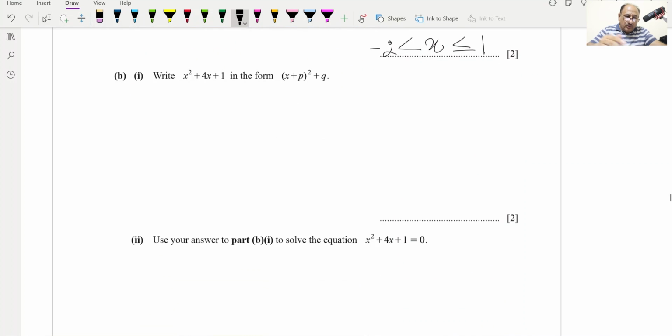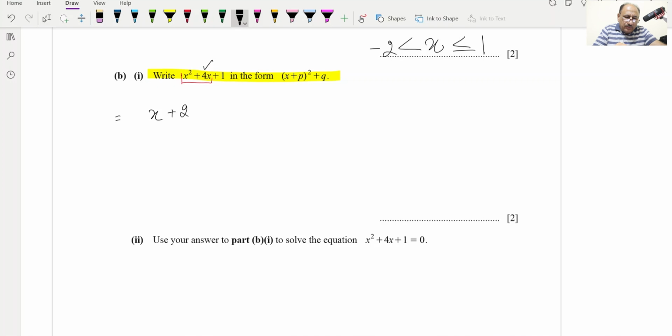Now B part, write this one in the form of, so completing square question basically, and what we will do, we will take this first portion only, and we will write this as x plus whatever coefficient of x, we will divide it by 2 and write here.